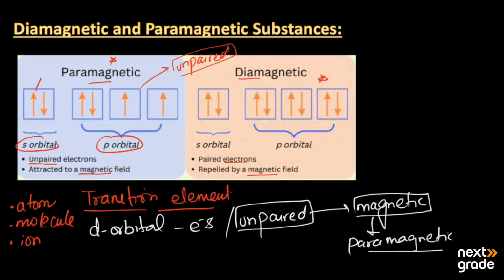It depends upon what type of substance is present, and there is every time a magnetic moment associated with the electrons. These are known as spinning electrons, and they are present in the unpaired form like this.